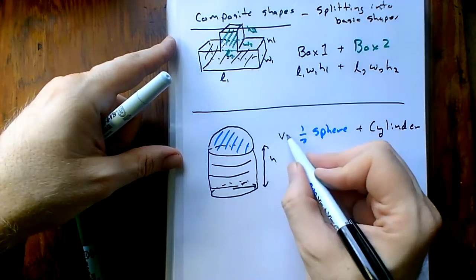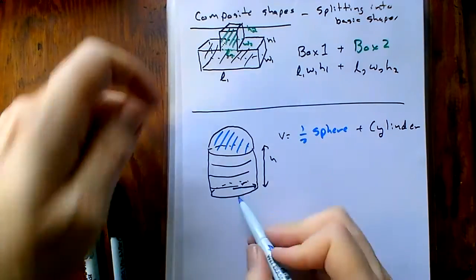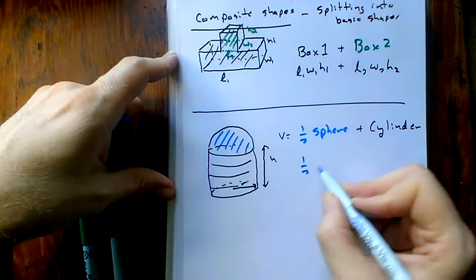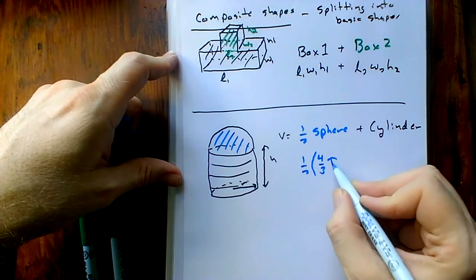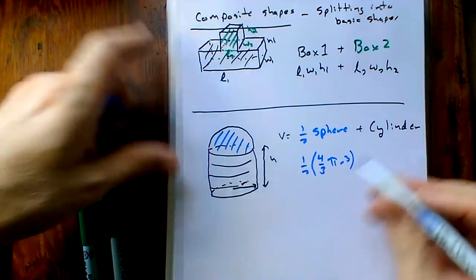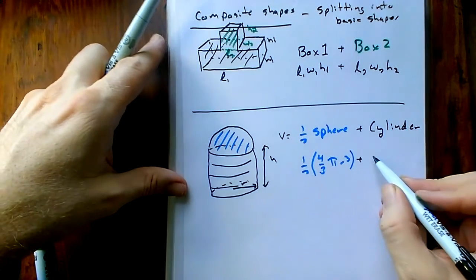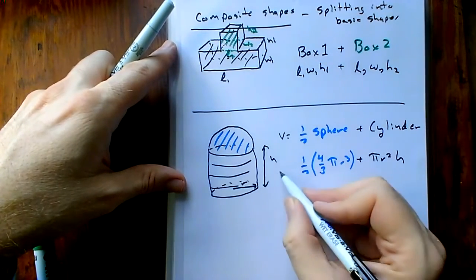So my volume is going to be, literally, half that of the sphere. The radius of these two things are going to be the same, though. So it would be 1/2. Now, a sphere is already 4/3 times pi r cubed. My cylinder, however, is just pi r squared times h.